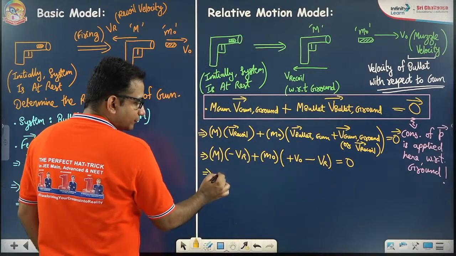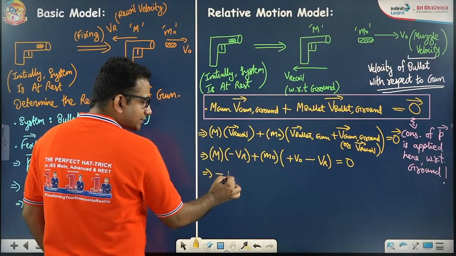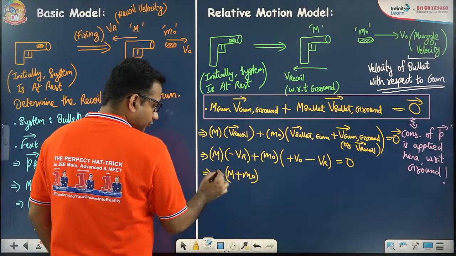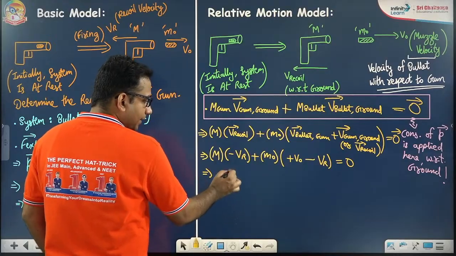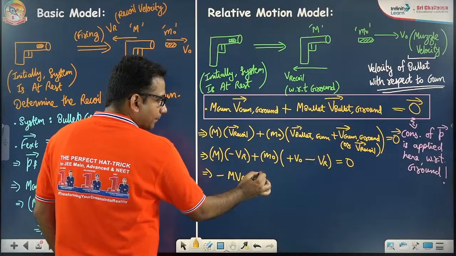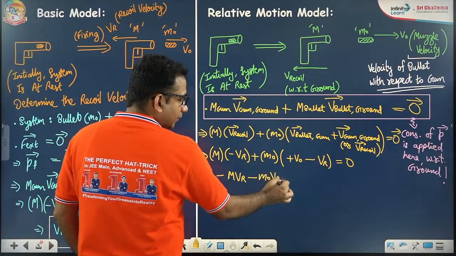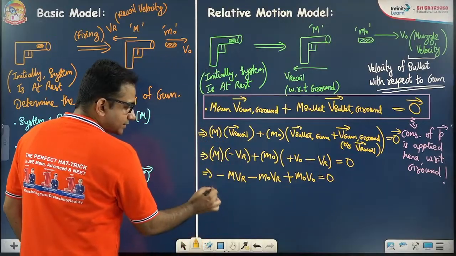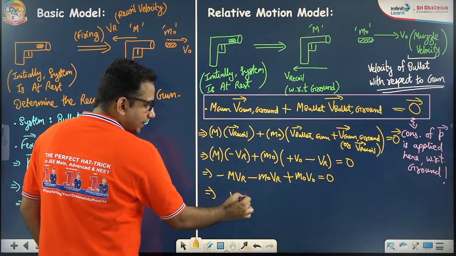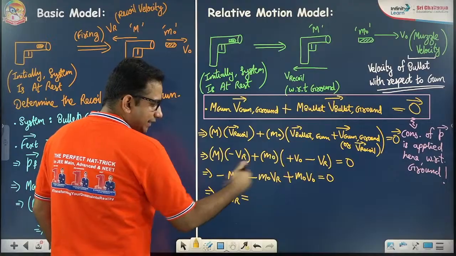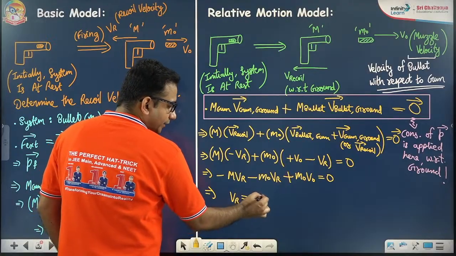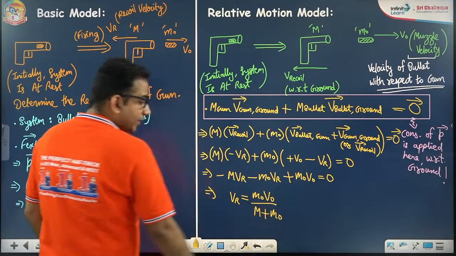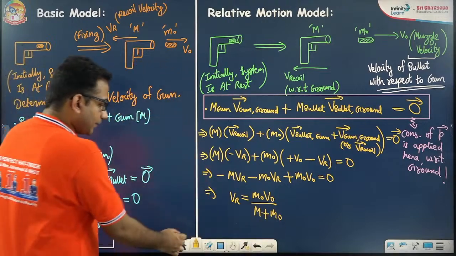So if you look at it carefully, you'll have minus of M plus m0 into VR, or let me just open the bracket: minus M VR minus m0 VR plus m0 V0, that is equal to 0. This implies you can write VR, taking the negative terms on that side and isolating VR, as m0 V0 by capital M plus m0.